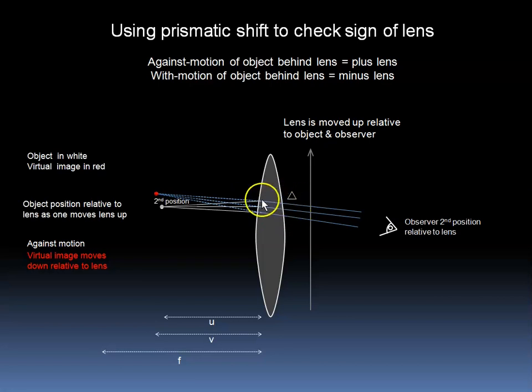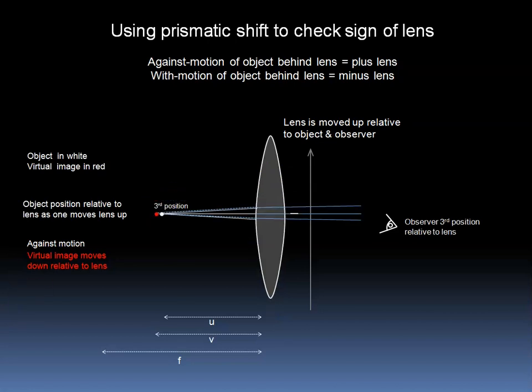The overall prism is still base down, but the virtual image is now shifted less towards the apex than before. The lens has been moved up further so that the patient's pupil overlies the center of the lens and there is little prismatic deviation of the virtual image, shown in red.